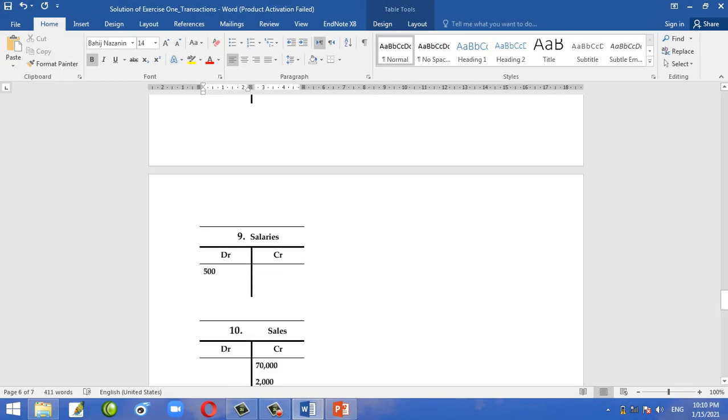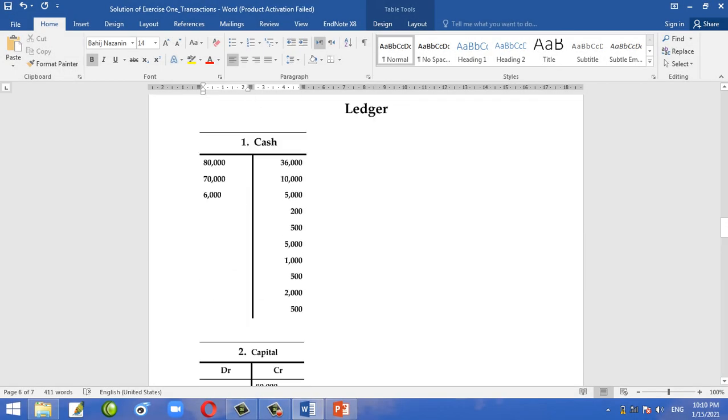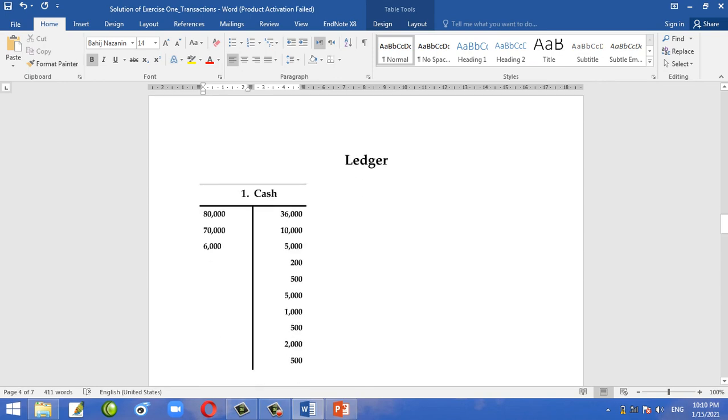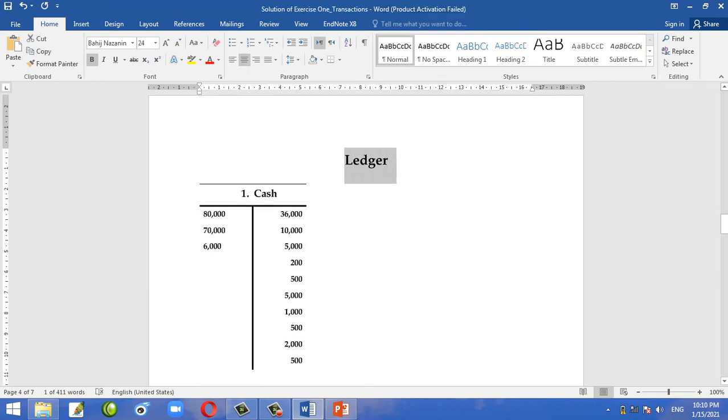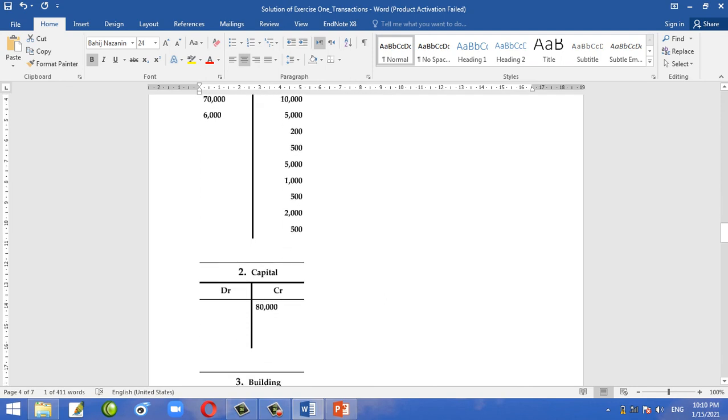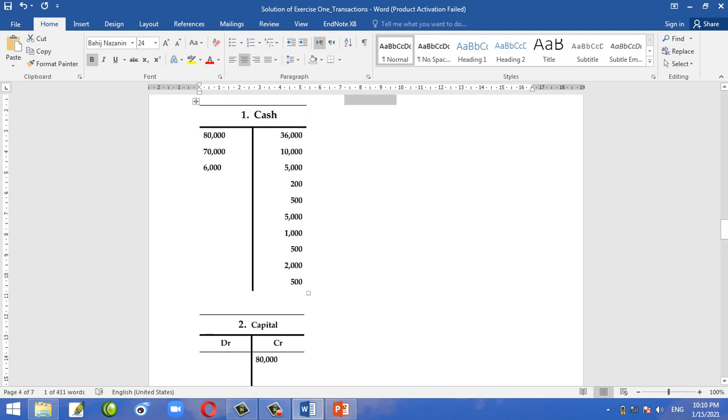So guys, this was the lecture regarding the ledger. How can we post the transactions into the ledger? You can count these figures.